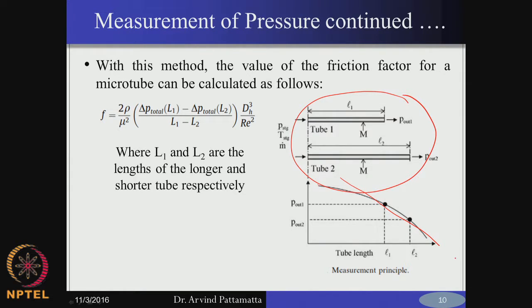If you have a longer tube, the pressure difference is maybe this much, and if you take the shorter tube, your pressure drop is going to be somewhere here. So this difference will give you a different value, which does not correspond to the same pressure gradient. Your dP by dx is going to be different in different regions, so you cannot use the tube cutting method with, for example, compressible flows.